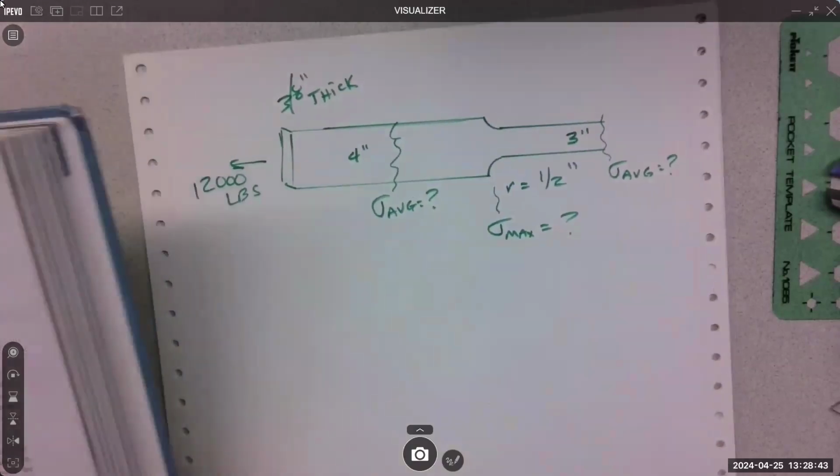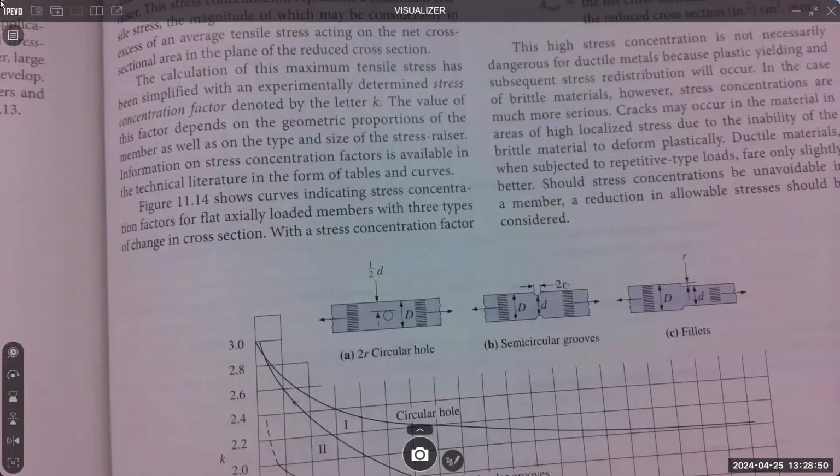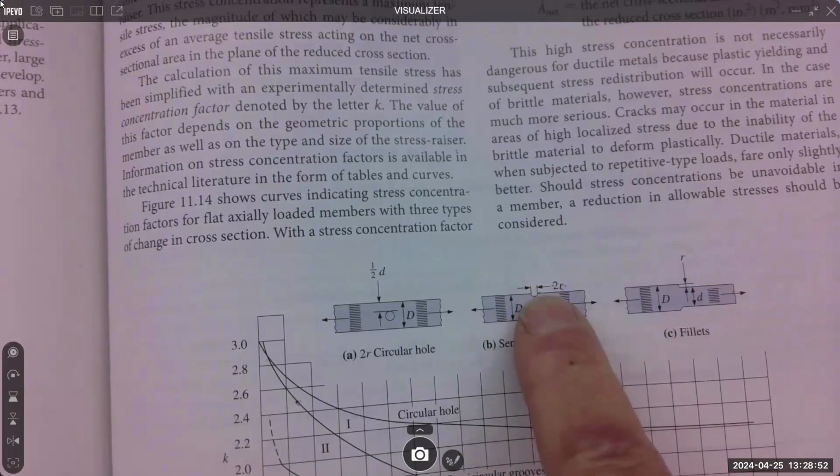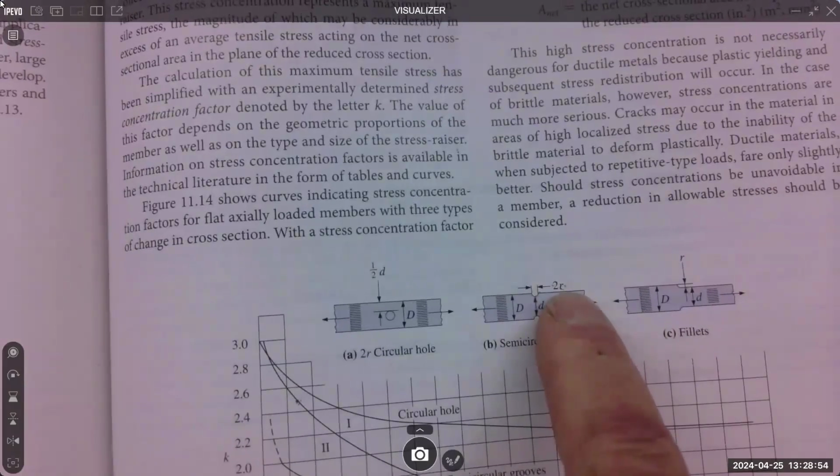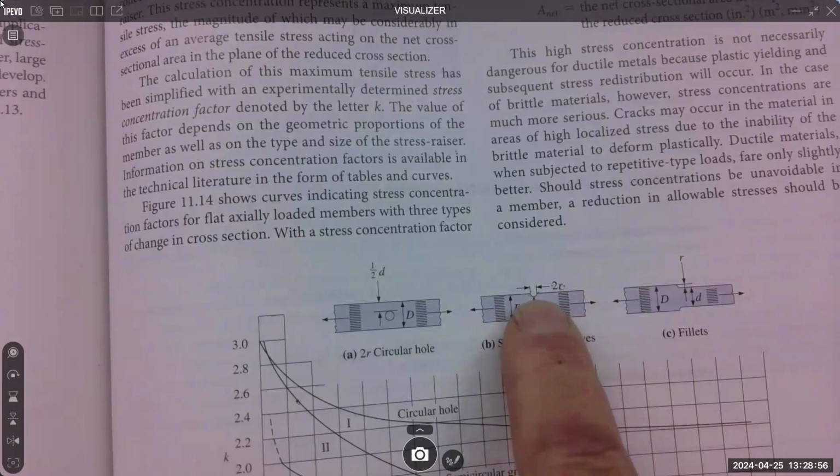Oh, no, their diagram is correct, Jorge. You see, it says 2R. That is correct, because it's showing you the diameter. Look at what it's showing you, the arrows.